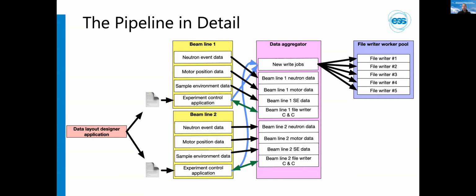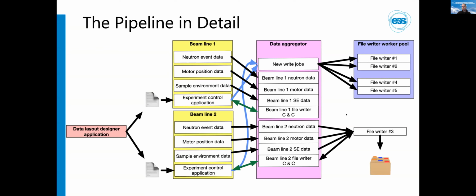that file writer disconnects from the file writer pool, and instead connects to the channels in the data aggregator that have the data that we're interested in for this particular file writing job. It also connects to a command and control channel that is made available through the data aggregator, which the experiment control application for that particular beamline can use for directly controlling the file writer.